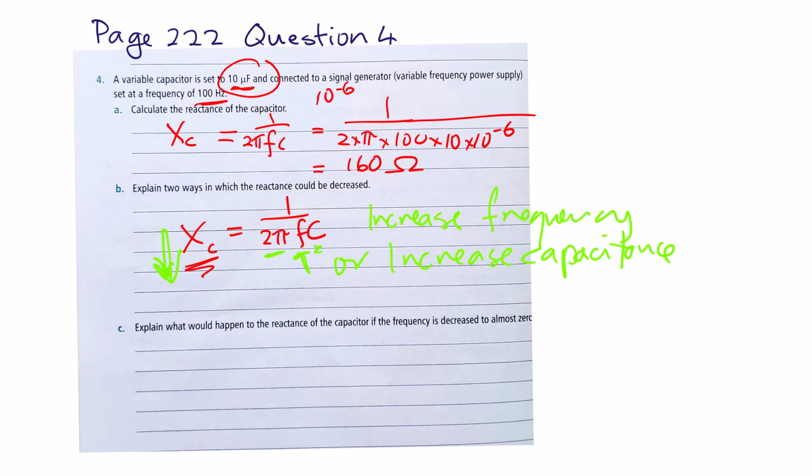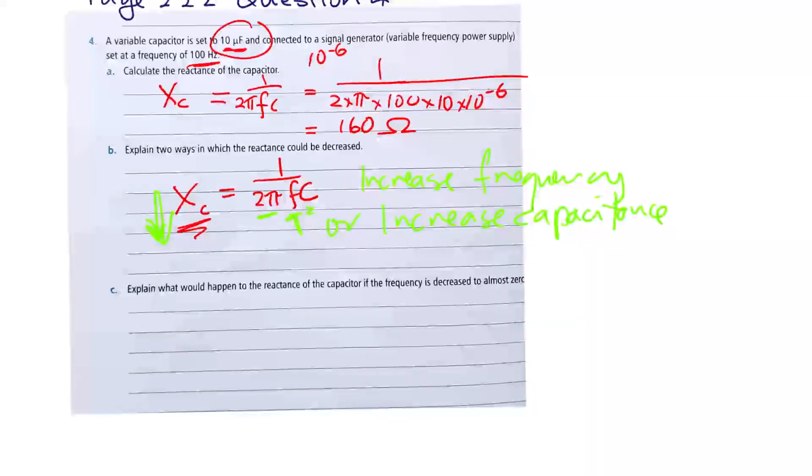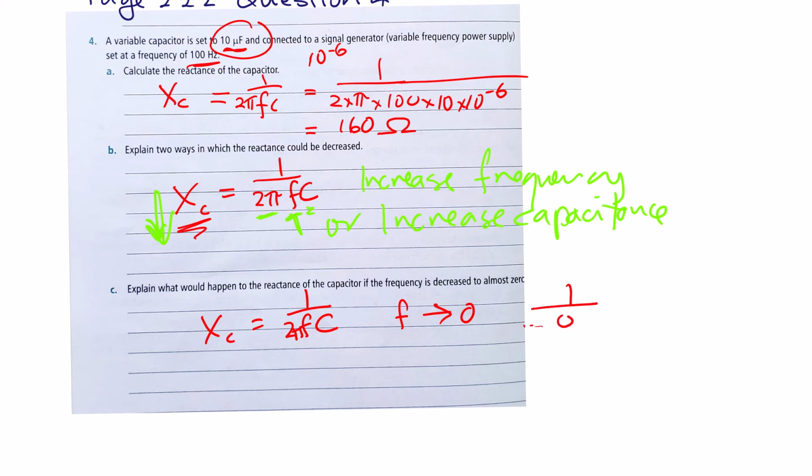We'll see that's the exact opposite of the effect in the inductor. Explain what would happen to the reactance of the capacitor if the frequency is decreased almost to 0. So here's our formula again, 1 over 2 pi fC. What happens if frequency tends towards 0? Well, we will have 1 divided by something, something, 0.